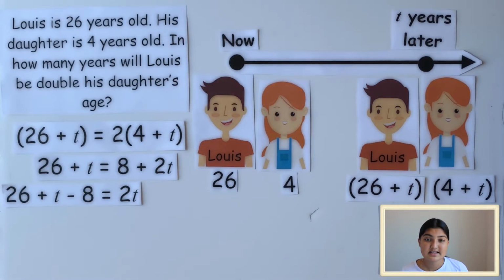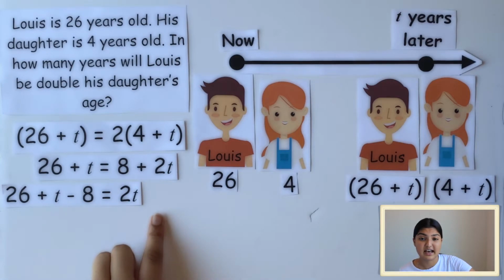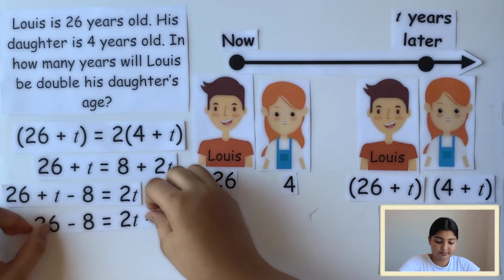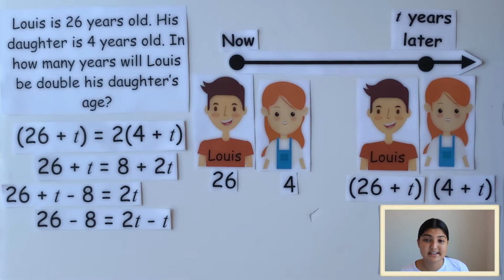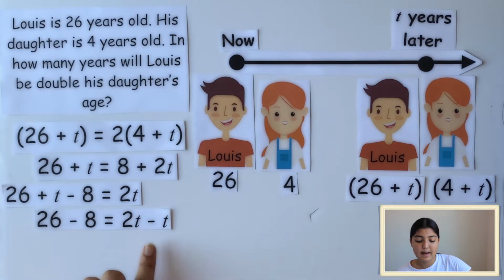Now, let's take positive t to the other side of the equation. This gives us 26 minus 8, which is equal to 2t minus t.